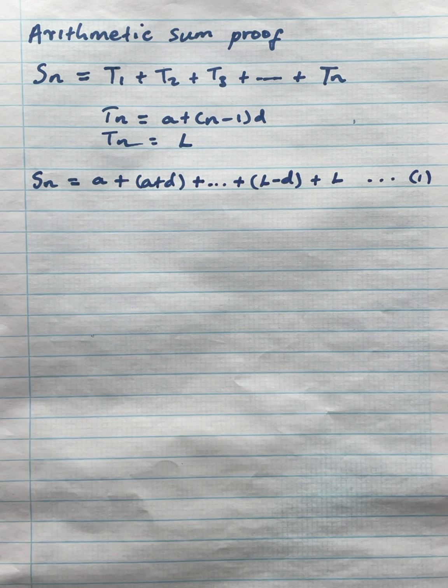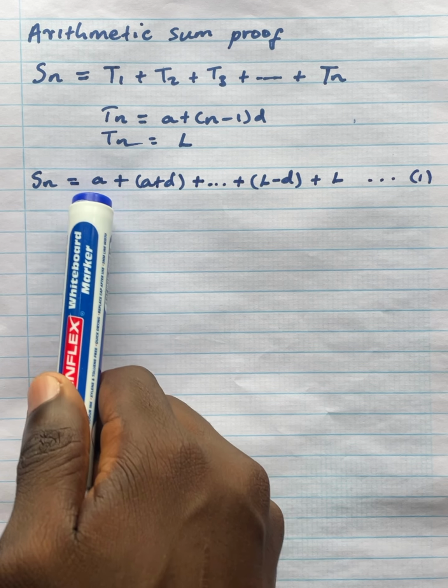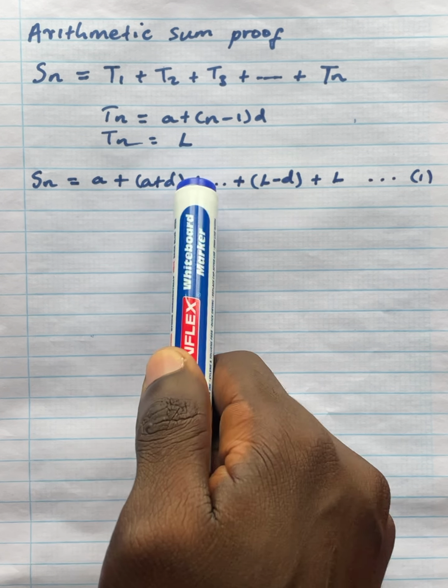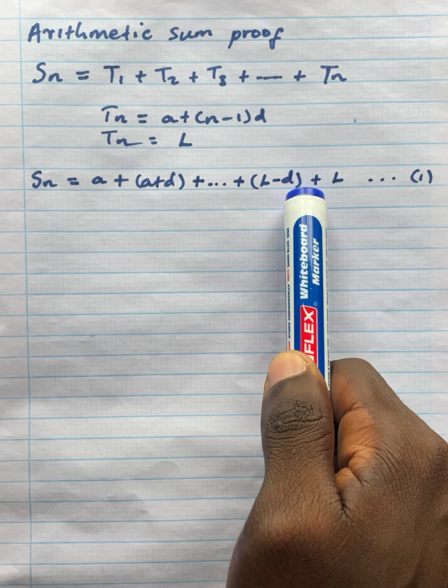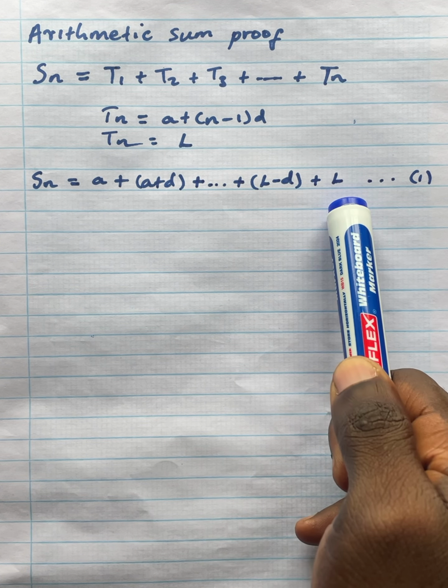If you want to get equation number 1, you make sure that you say the first term plus the second term plus ... plus the second last term plus the last term.